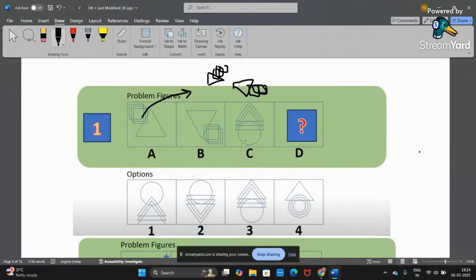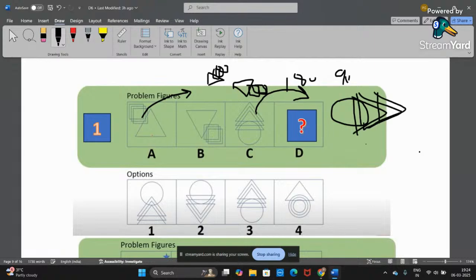In the same way, this one is turned 180 degrees. Let's check it out for 90 degrees. For 90 degrees, it exactly looked like this when tilted 90 degrees. But here, from two figures, it is tilted 180 degrees. So the C also should be tilted 180 degrees to find the answer.